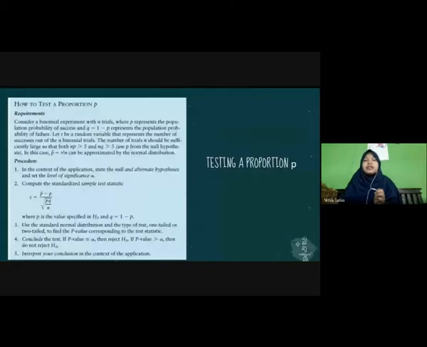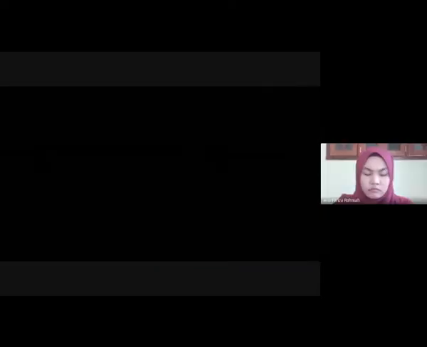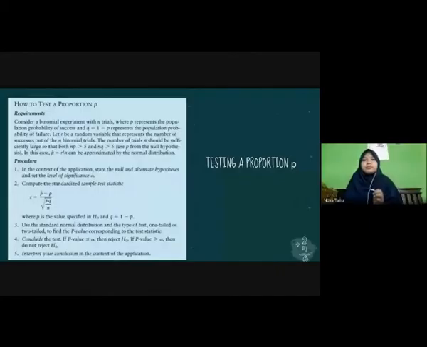In this case, P hat, which is equal to R over n, can be approximated by the normal distribution. The procedure: first, in the context of the application, set the null and alternative hypotheses and set the level of significance alpha.